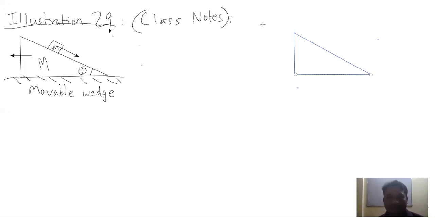Now I draw the wedge as well, with the block placed on the top side.